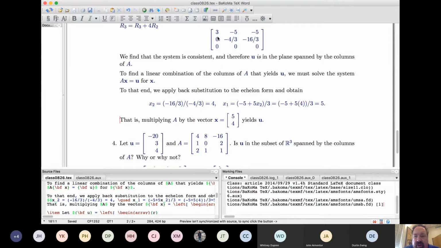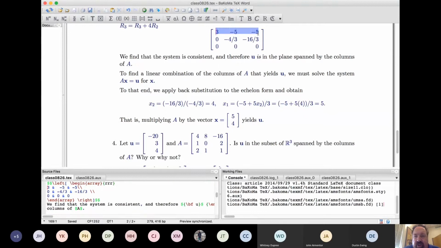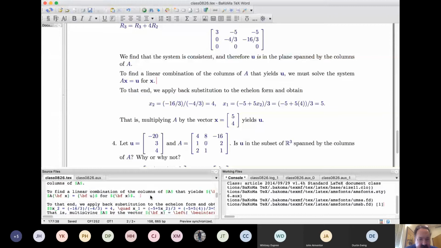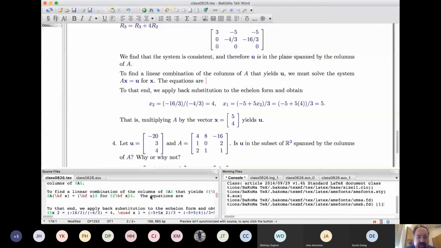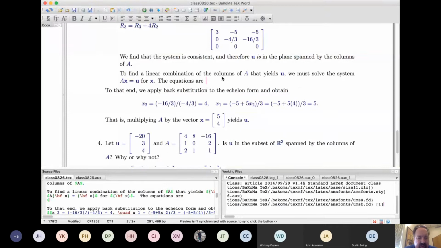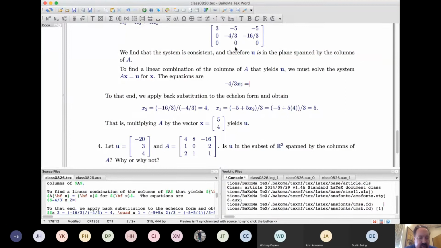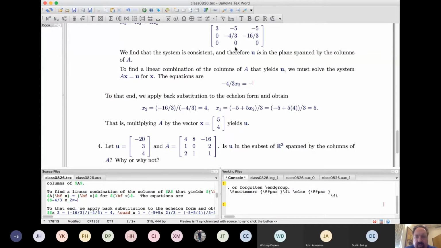Then to solve for x1, we have this equation. The equations are implied, so it's important to be able to see what equation needs to be solved just from reading it off a matrix. The second equation is the one we solve first; we're going from the bottom up.